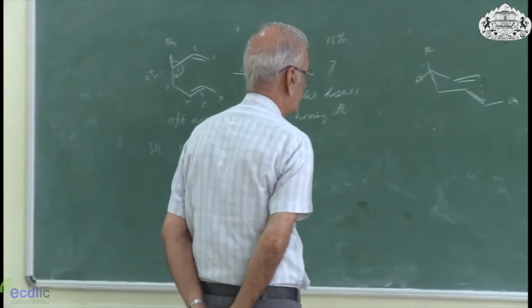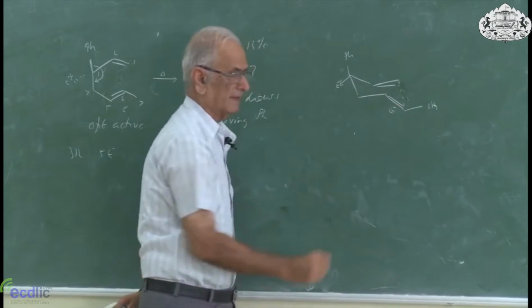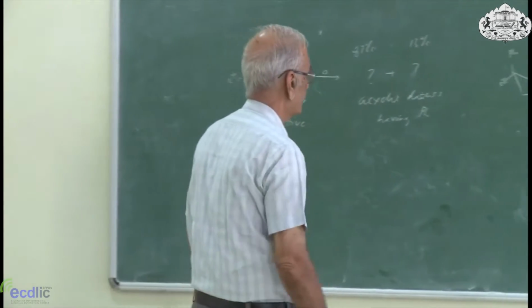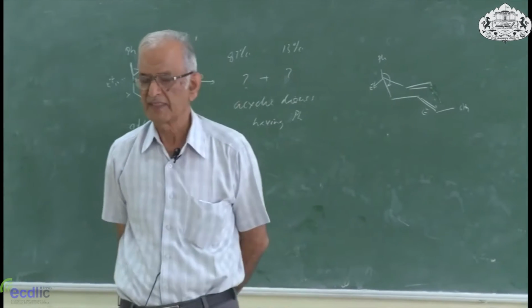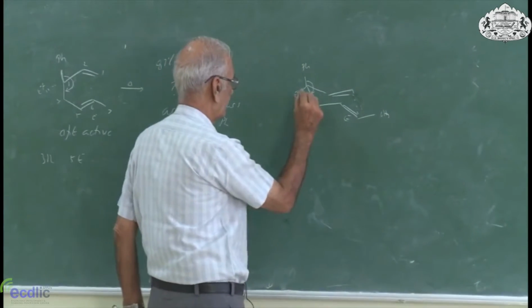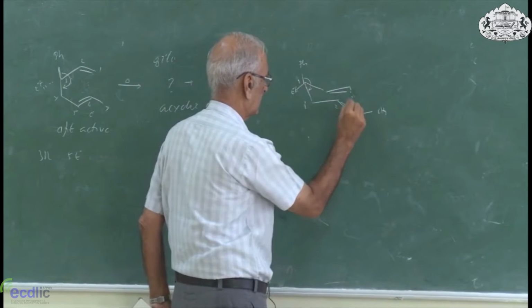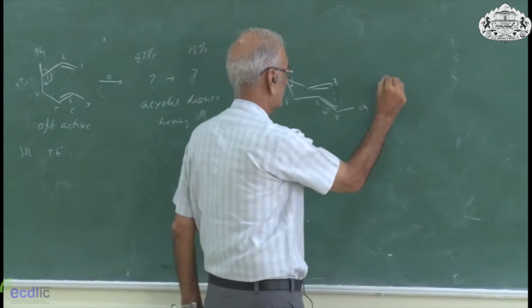We have written it in the chair transition state. Our double bond is E. That's 3R. We are going to break the bond between 1 and 1 dashed and make the bond between 3 and 3 dashed.